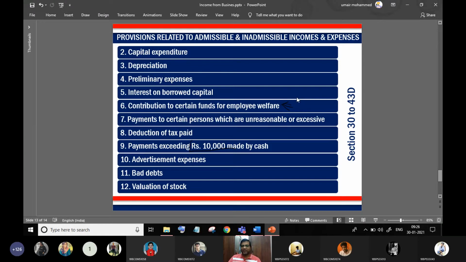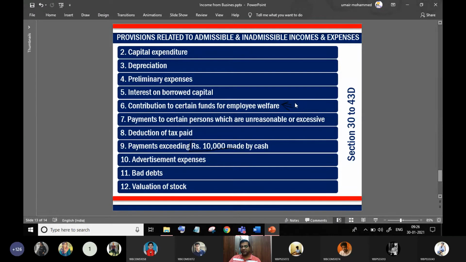Instead of remembering what is inadmissible, remember what is admissible. Anything which you pay an employee for their services is admissible, whether it is salary, perquisites, allowances, retirement benefits like gratuity, pension, provident fund, superannuation fund, facilities you set up. All these are for the welfare of the employees. But there are certain items which are inadmissible.